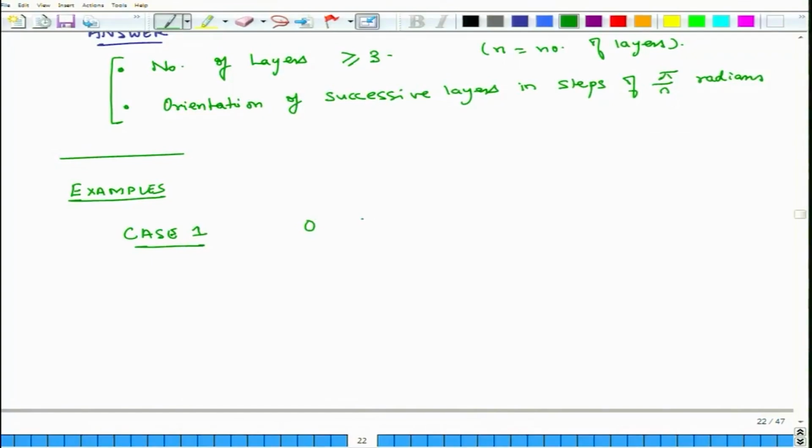So, it will have 0, then the second layer could be at 60 degrees and the third layer could be at 120 degrees, or you can also call it as minus 60 degrees. 120 is same as minus 60. Okay. So, you can have a 3 layer laminate, first layer 0, 60, minus 60, and for this lamination sequence these conditions will be satisfied.